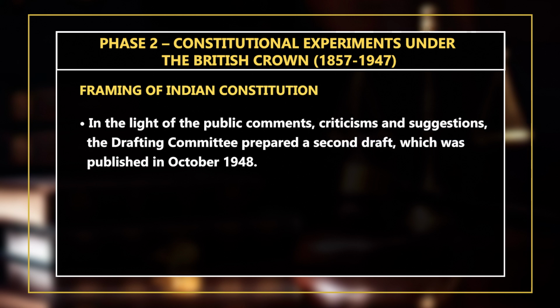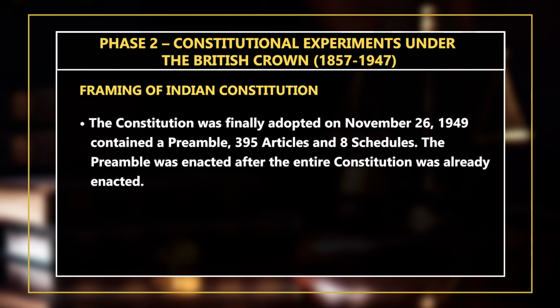In the light of the public comments, criticism and suggestions, the Drafting Committee prepared the second draft, which was then published in October 1948. The Constitution was finally adopted on 26th November 1949, which contained a preamble, 395 articles and 8 schedules. The preamble was enacted after the entire Constitution was already enacted.